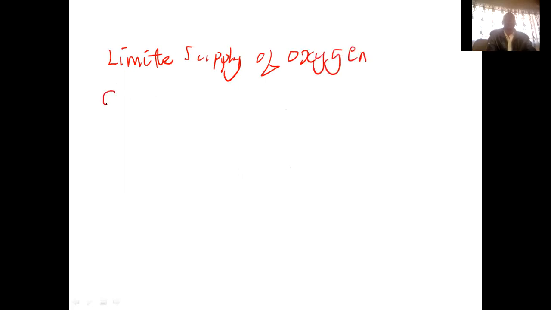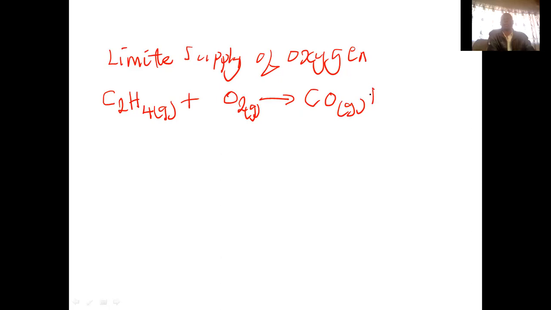So we're going to have ethene, which is a gas, reacting with the oxygen, which is a gas. And what you'll produce here is carbon monoxide, which is a gas, plus water vapor, which is also a gas.